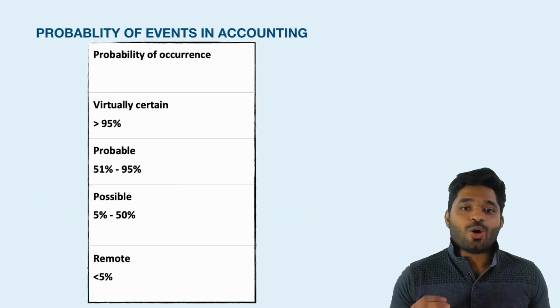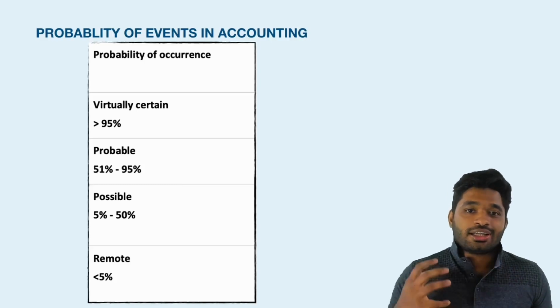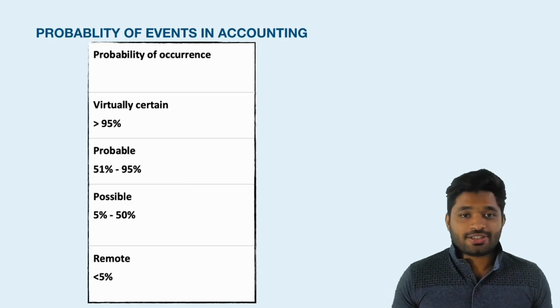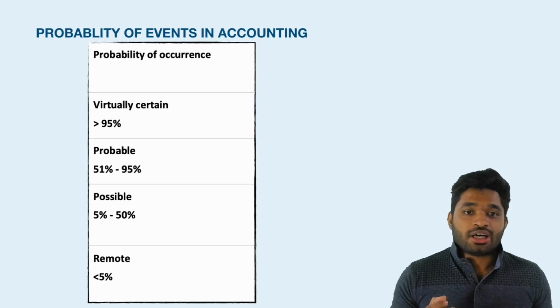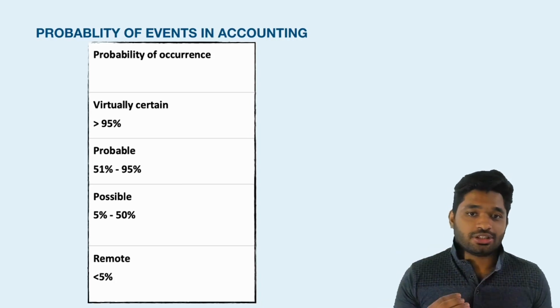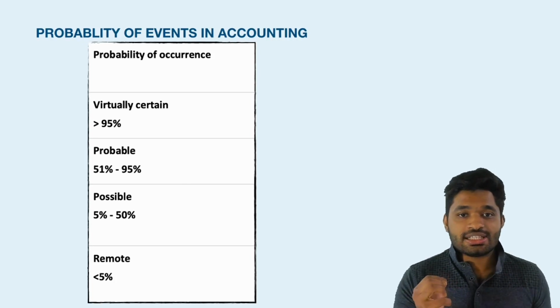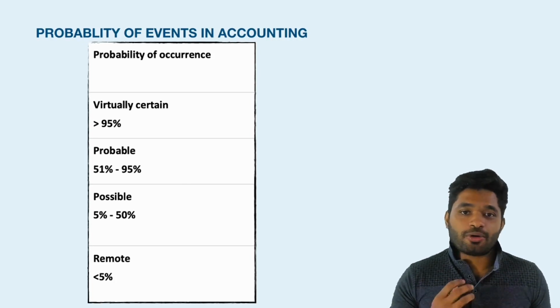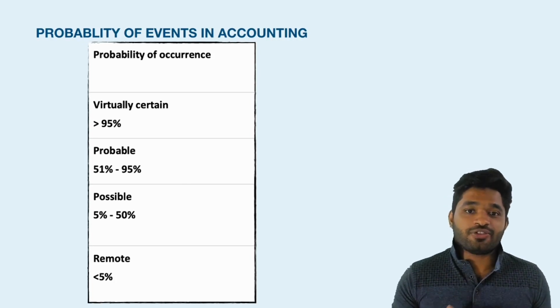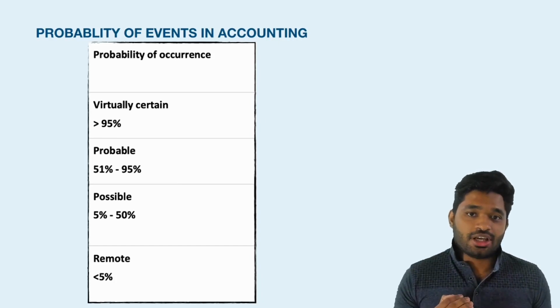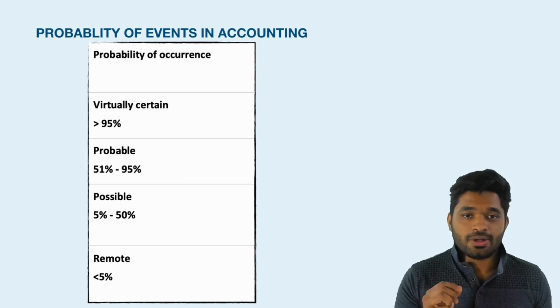Now let's see how we accountants determine the probability of events. If the probability of occurrence is between 95% to 100%, we call it virtually certain. If the probability of occurrence is between 51% to 95%, we call it probable.